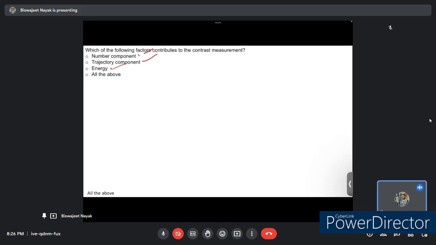Also for different crystallographic orientations, if the high energy electrons interact with different orientations, they will also provide different contrast. In this way, energy provides different contrast to the specimen. And as we already know, lower energy electrons interact with the surface and provide the surface information, and those are the secondary electrons. So in this way, the number component, trajectory component, and energy component provide contrast to the material.